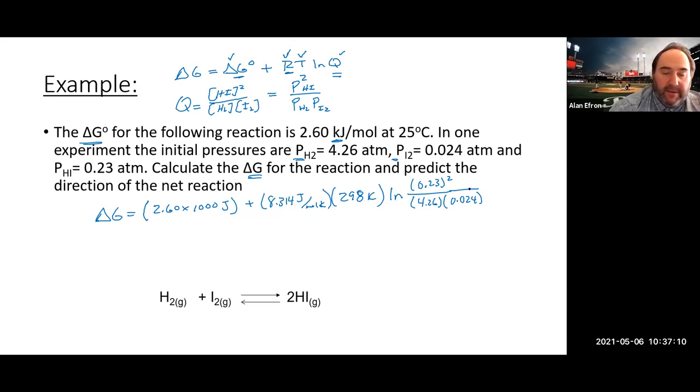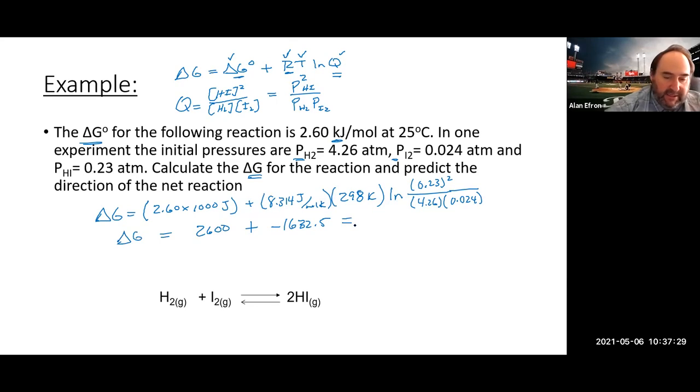It's a lot, but what we end up with, if we clean up to the right of the plus sign, is minus 1632.5. Coming to the left, obviously 2.6 times 1,000 is going to give us 2,600 equals our delta G.